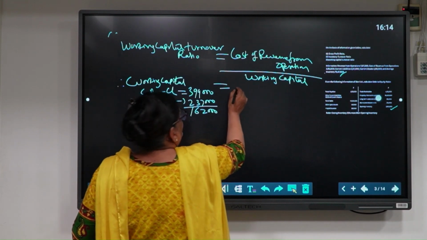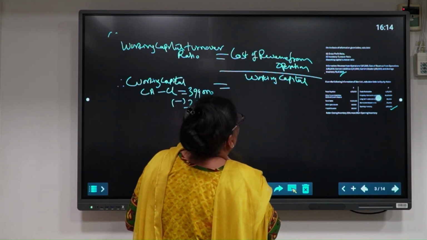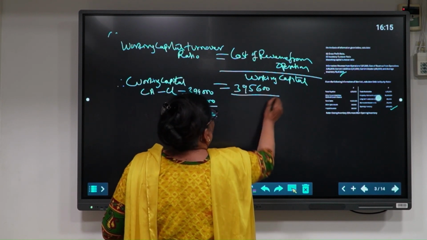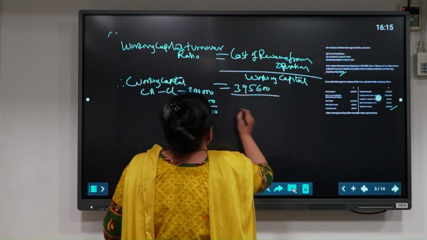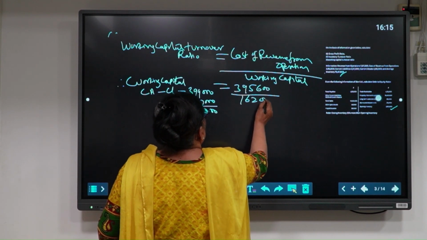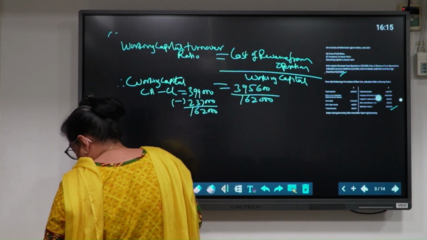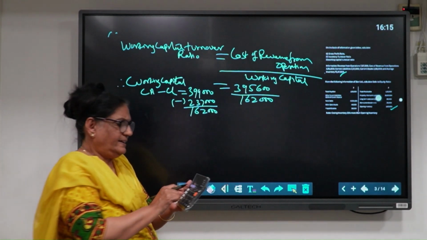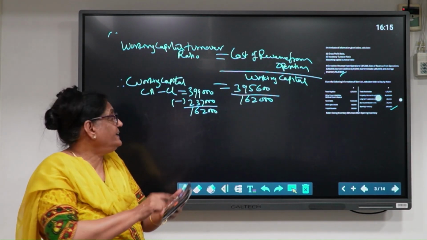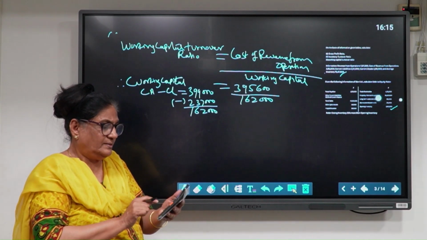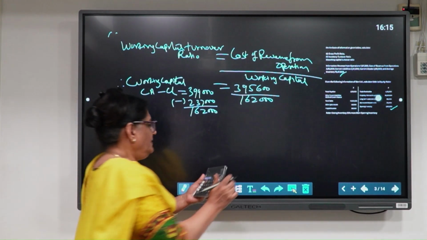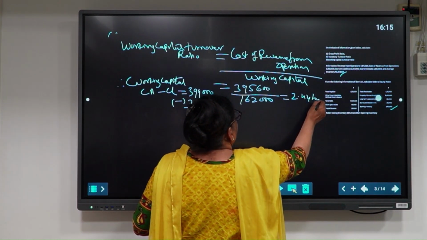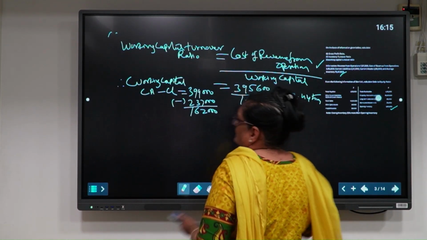So can we just substitute? Cost of revenue is 3,95,600 divided by working capital, 1,62,000. So divide and tell me how much you get. 2.44 times. First part is over, correct?